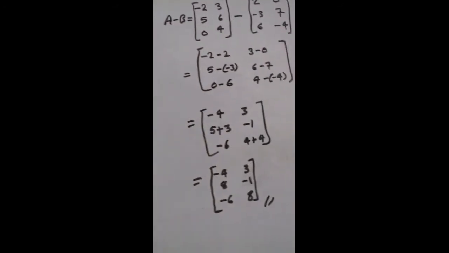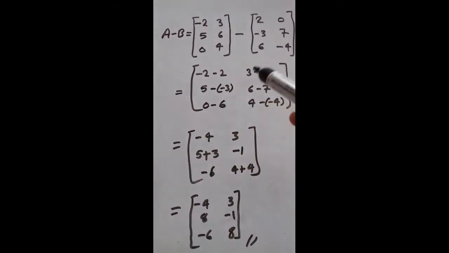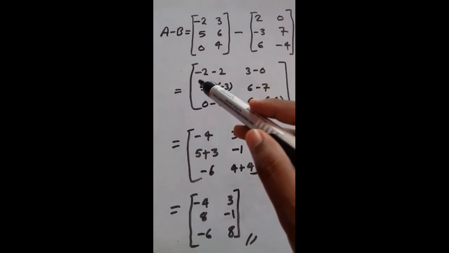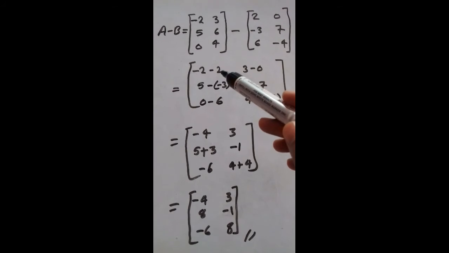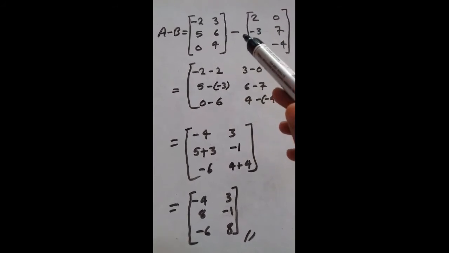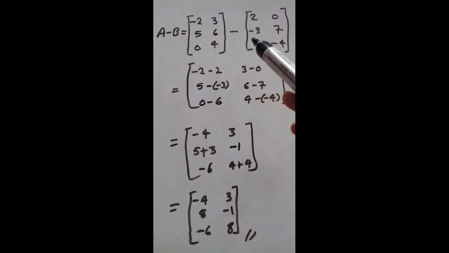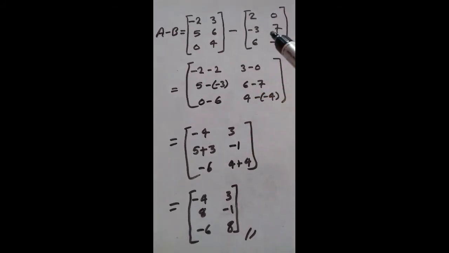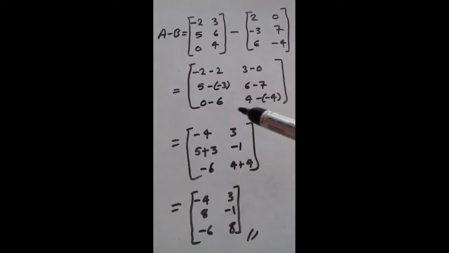And for A minus B, we have subtracted corresponding elements: minus 2 minus 2, 3 minus 0, 5 minus minus 3, 6 minus 7, 0 minus 6, 4 minus minus 4.